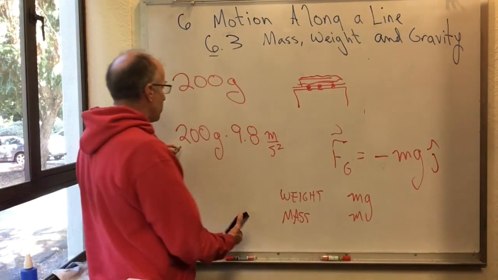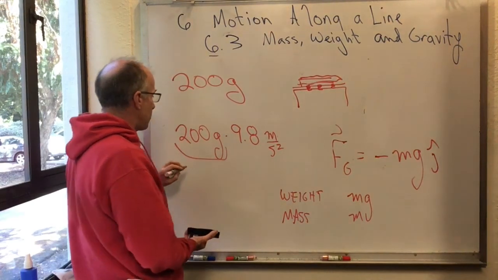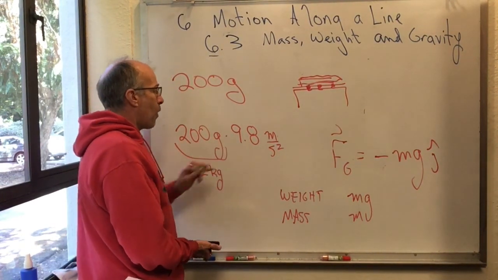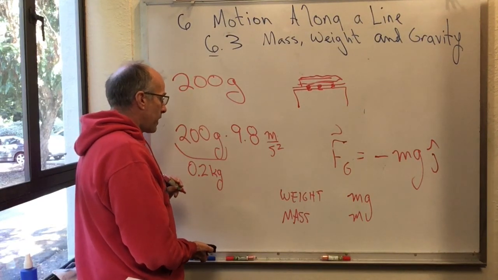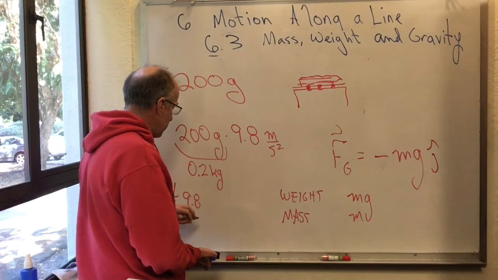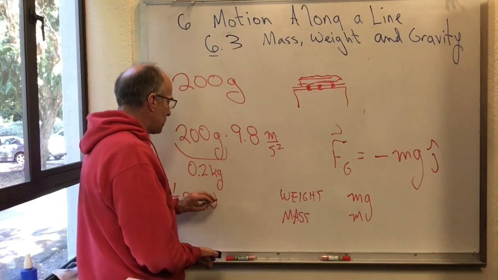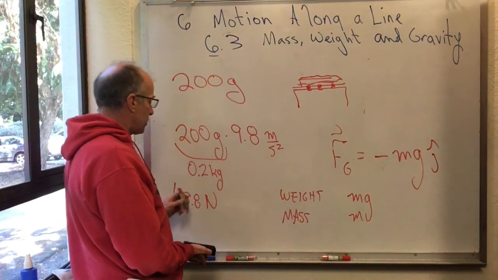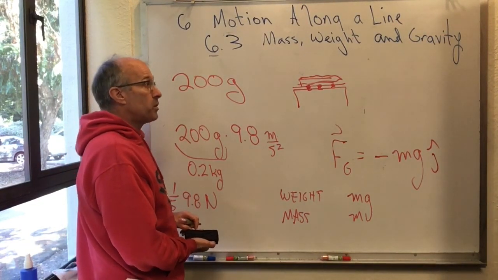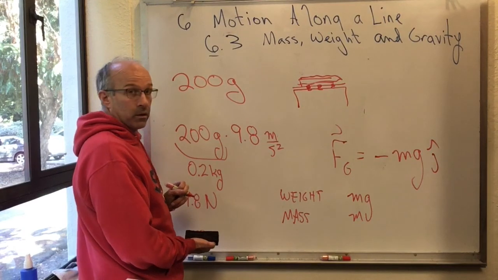I'm going to convert 200 grams to kilos so I can keep using the metric system. That's 0.2 kilograms. So we've got 1/5 of 9.8 newtons, which is a little less than 2 newtons. So what they really sold you was an amount of ham that creates 2 newtons of force on the scale.